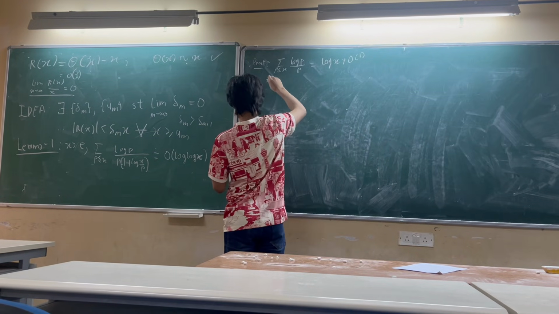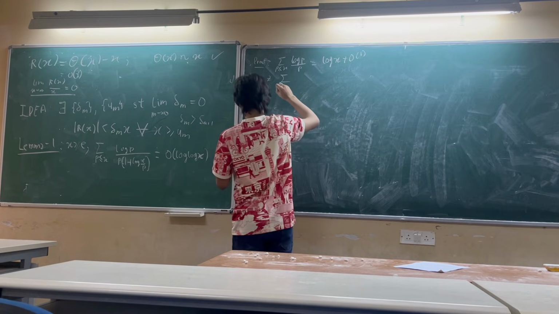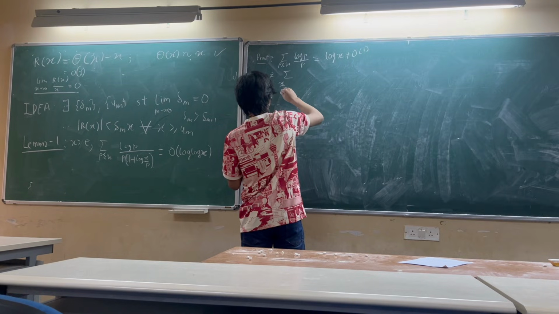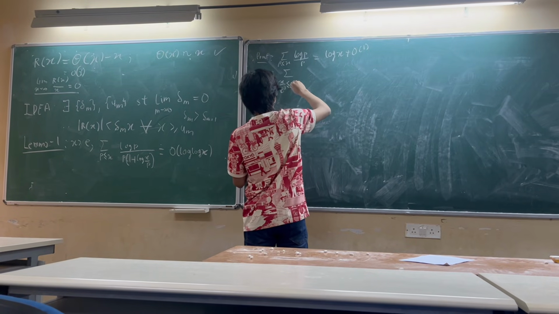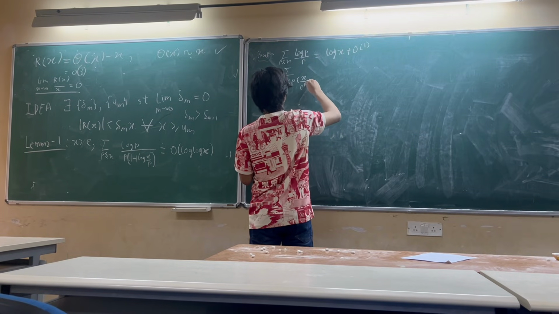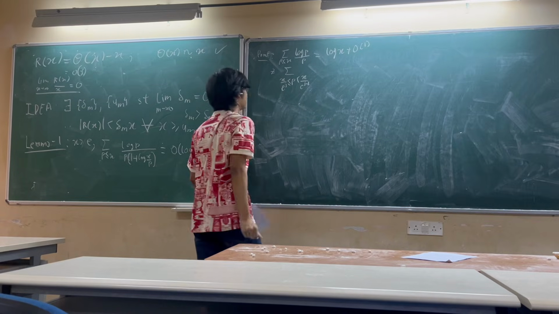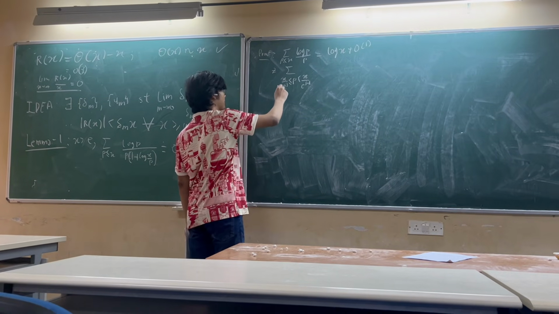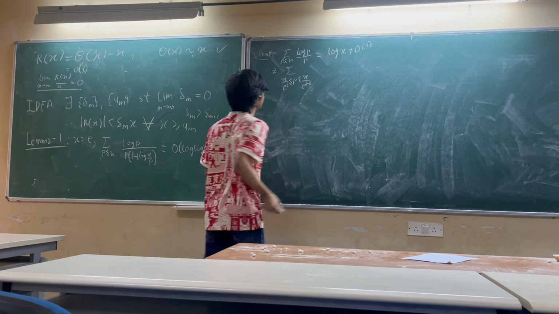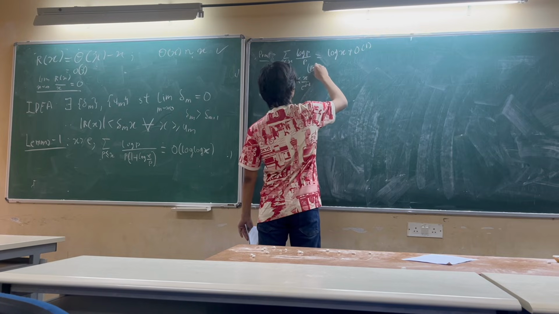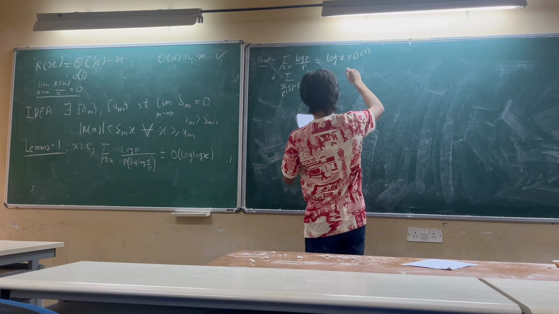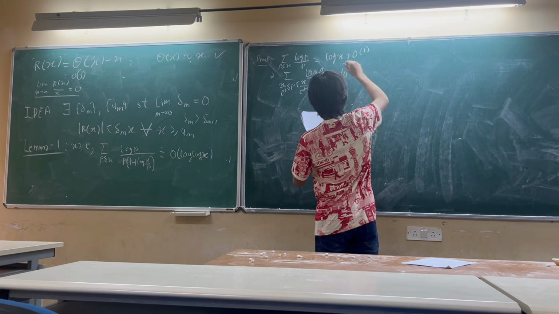That means if you have p belonging to the interval x by e to the power j and x by e to the power j minus 1, then this summation of log p by p will have, well, you just take the difference.